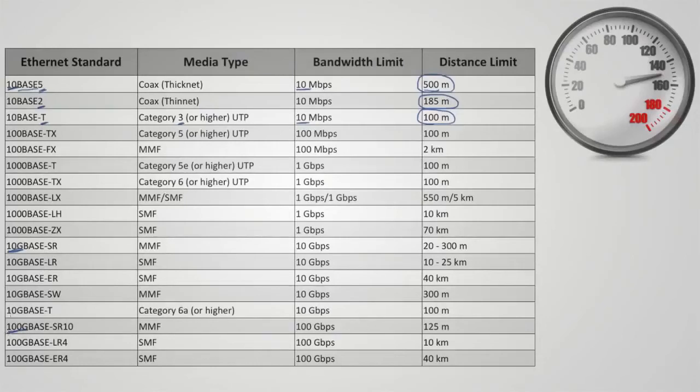And when you start to get into some of the higher speeds, if you want to travel fairly significant distances, you probably are going to be using some type of fiber optic cabling. Notice that most of the higher speed standards are going to be using multi-mode fiber, labeled as MMF, or single mode fiber, SMF. And generally, single mode fiber can go further than multi-mode fiber because we don't have to contend with the issue of multi-mode delay distortion.